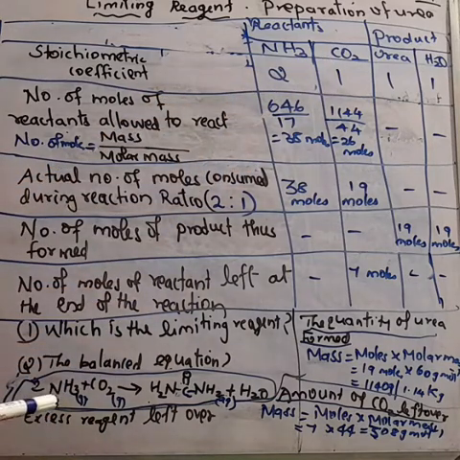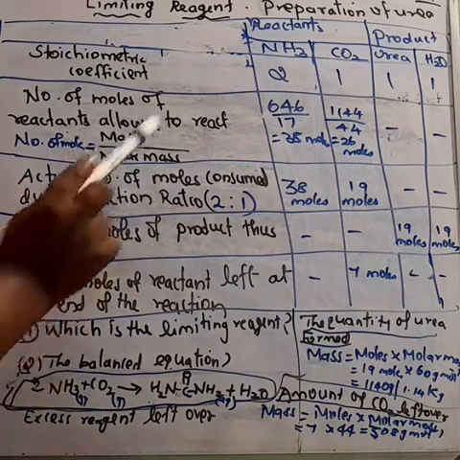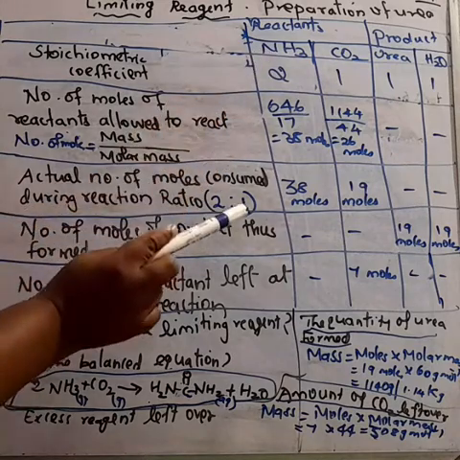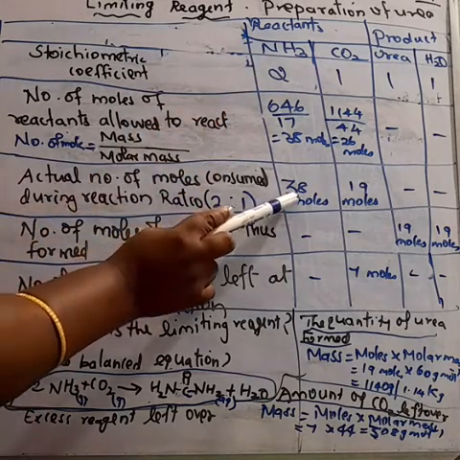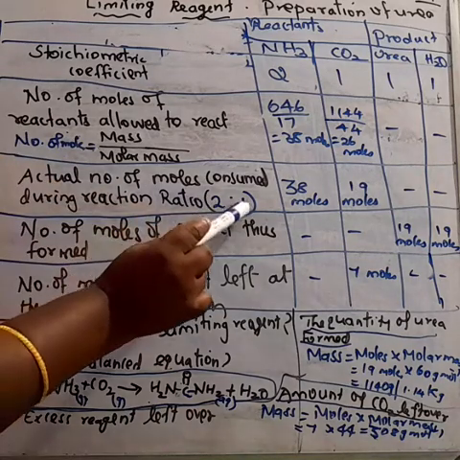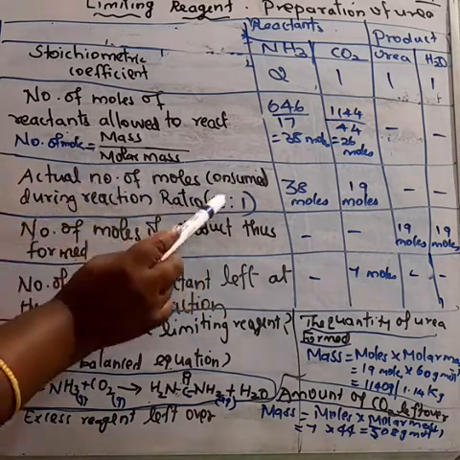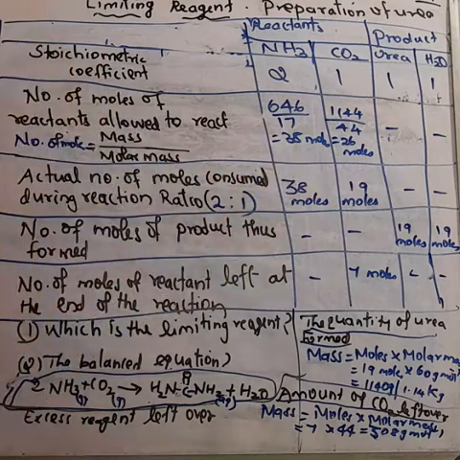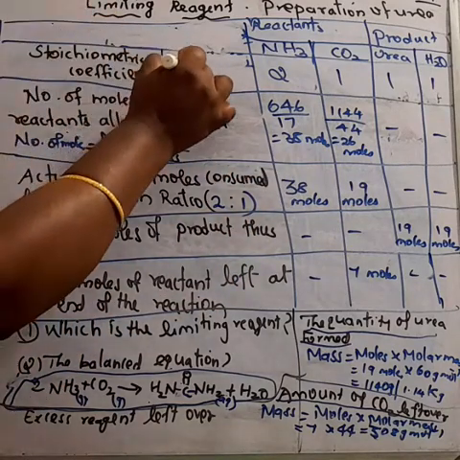So ammonia, 2 moles, means 38 moles. The actual number of moles consumed in the reaction ratio 2:1: 2 means 38, so 38 divided by 2, we get 19 moles.